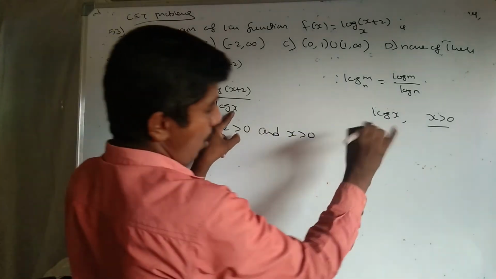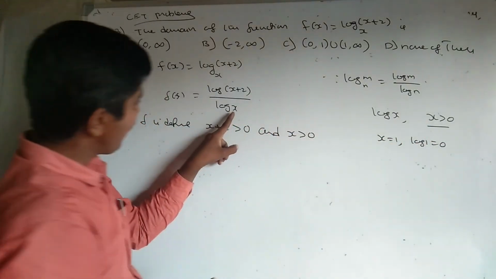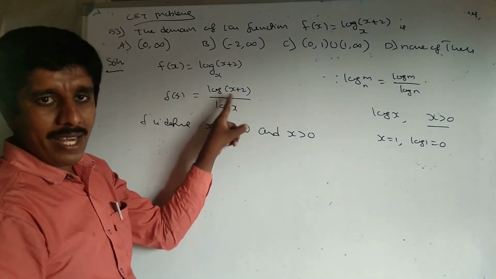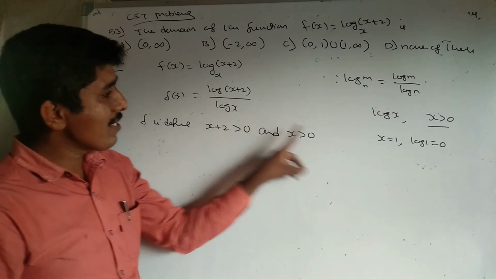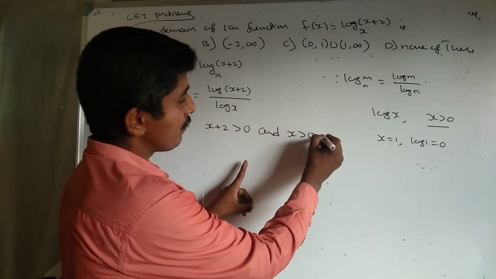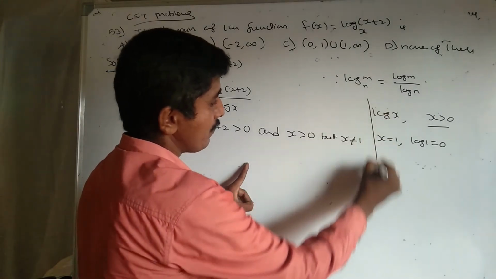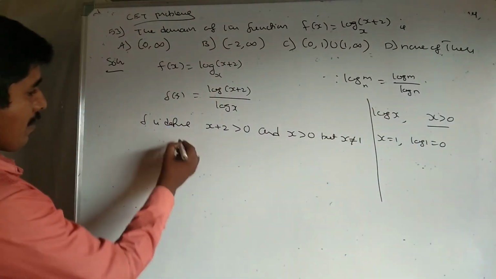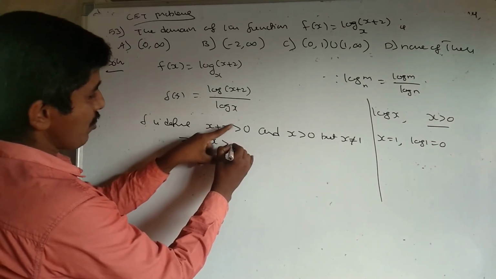But when x equal to 1, what about log 1? It is 0. The denominator value is 0, so clearly this function will not be defined. Therefore x must not be 1. Very important. X plus 2 greater than 0, then x is greater than minus 2, shifting 2 to the right side.